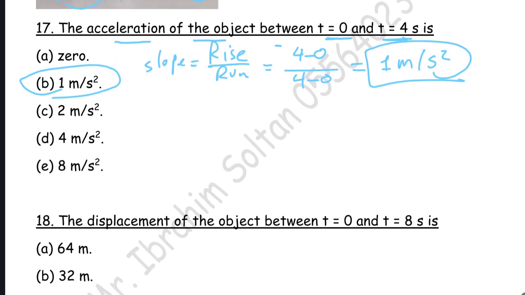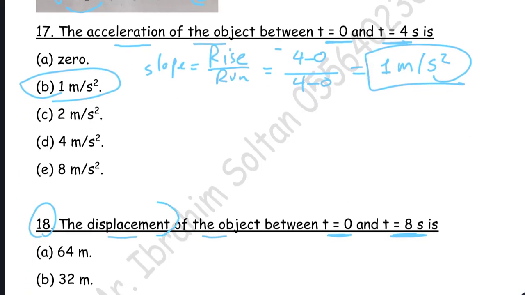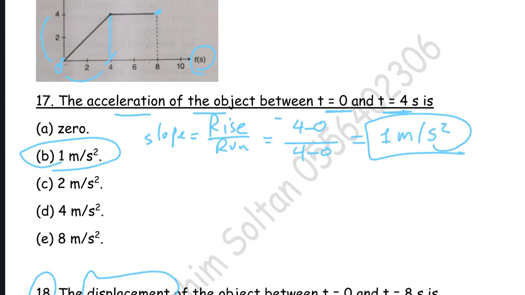Okay? Here he asks you the displacement of the object between t equals 0 and t equals 8. So from the beginning to the end of the motion. To calculate the displacement, you need to multiply the velocity times the time. So you need to get the area.